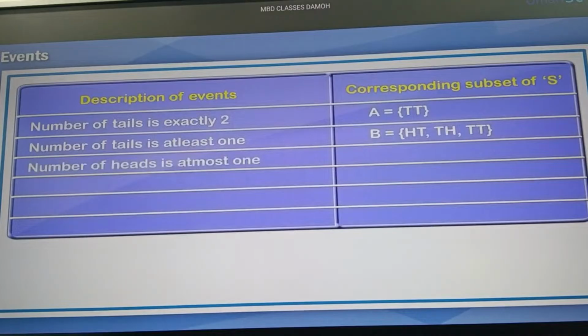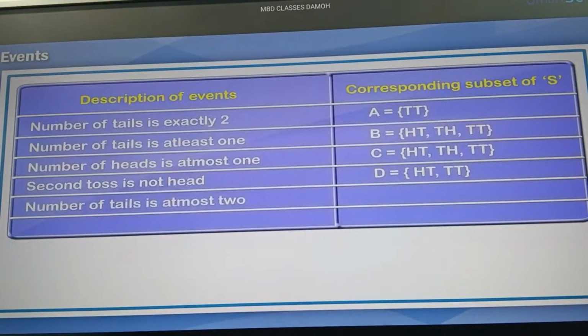Event: number of heads is at most 1. Corresponding subset of S is C = {HT, TH, TT}. Second toss is not head: D = {HT, TT}. Number of tails is at most 2: S = {HH, HT, TH, TT}. Number of tails is more than 2: phi, that is, empty.